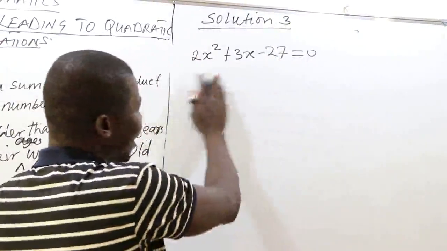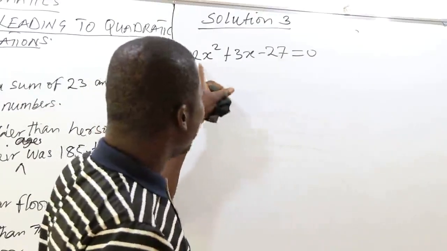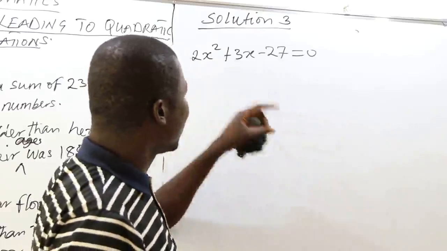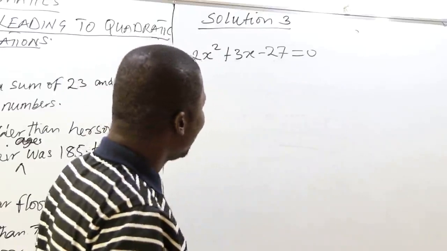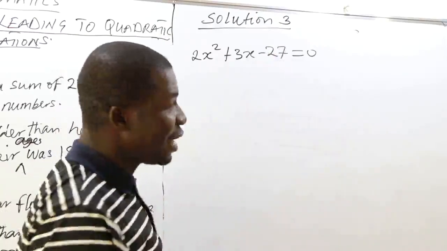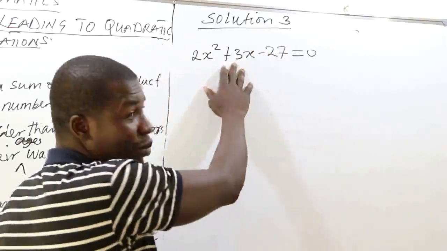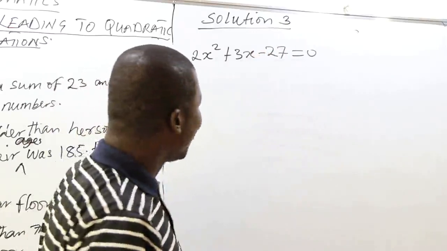We are going to solve by factorization. Now, the coefficient of x squared is 2 and the constant here is 27. If you try to find the two numbers to satisfy this problem, you discover that it will not give you the middle term. You might have minus 27, but their sum will not give you positive 3.